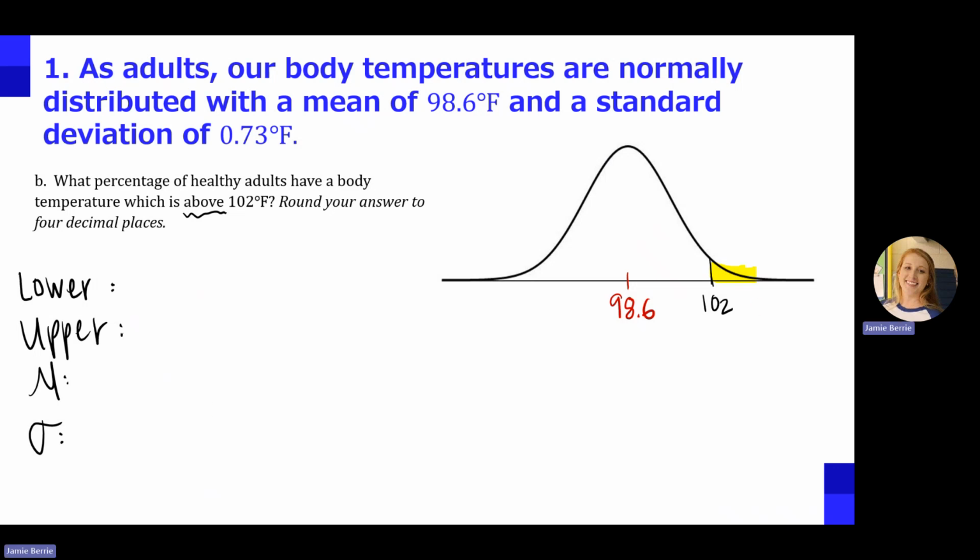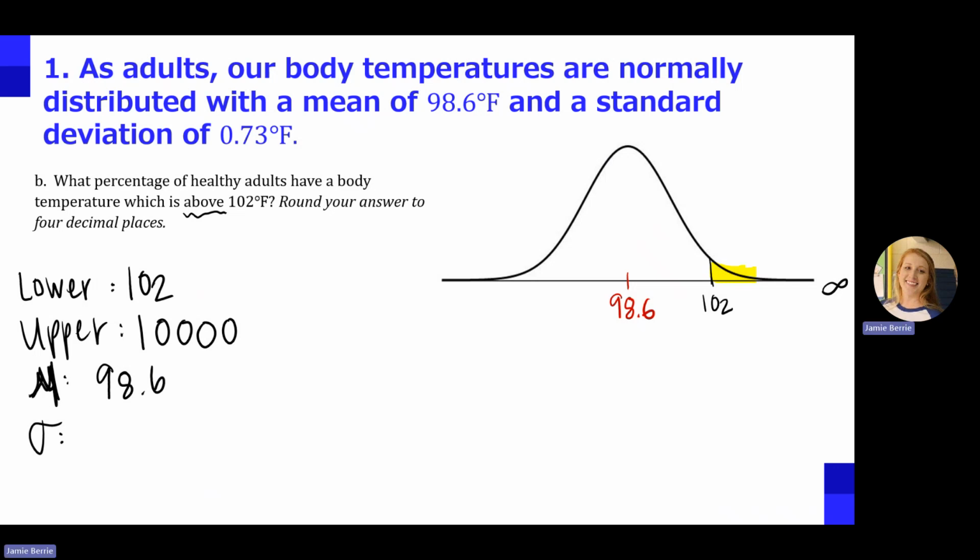This shaded area goes all the way to positive infinity, so we're just going to use a really big positive number for our upper bound. Our mean is 98.6. Sorry, this is supposed to be mu, but it's kind of sloppy.